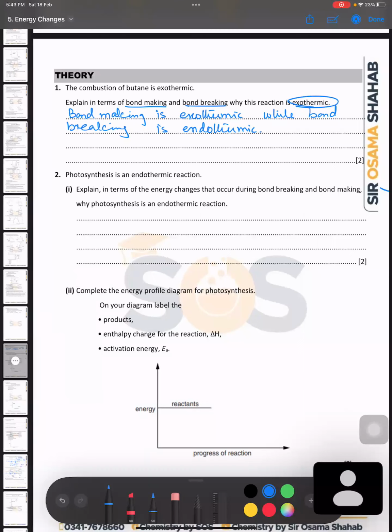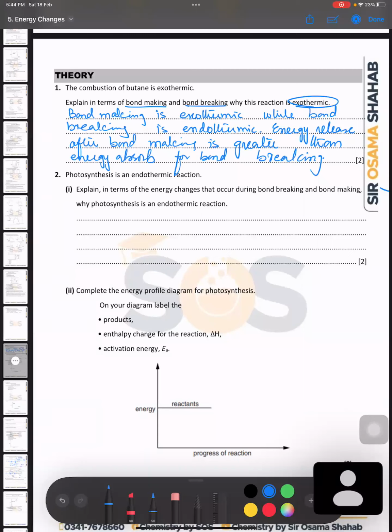So just write that. In the second point, you need to write: energy release after bond making is greater than energy absorbed for bond breaking. Right, children? You write these 2 statements, so you will get 2 marks for this. Got it, every one of you?